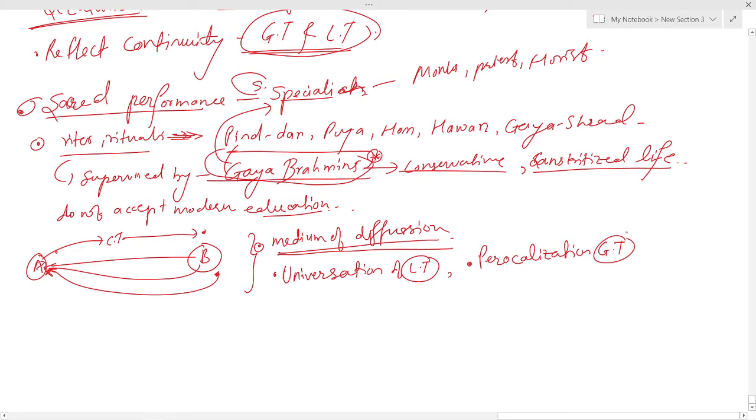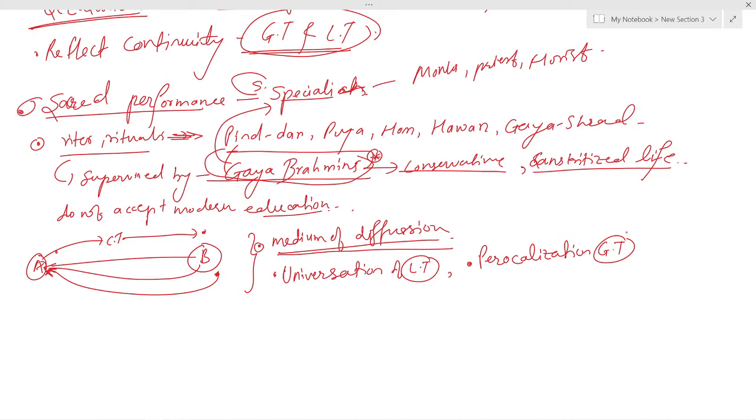In this sacred complex, the cultural elements from great tradition enter into the little tradition and become parochialized. And when the sacred specialist visits little tradition for various purposes, some element of little tradition comes into the mainstream, that is the great tradition. We call it universalization of the little tradition's cultural trait.